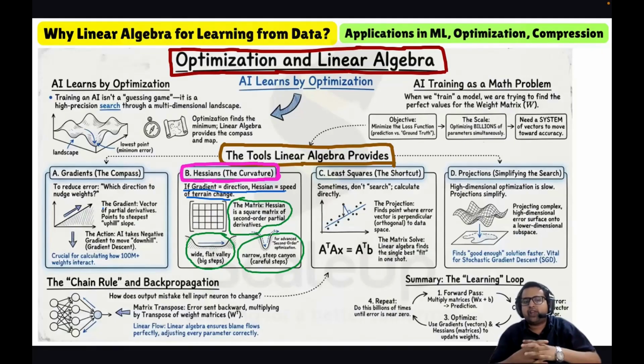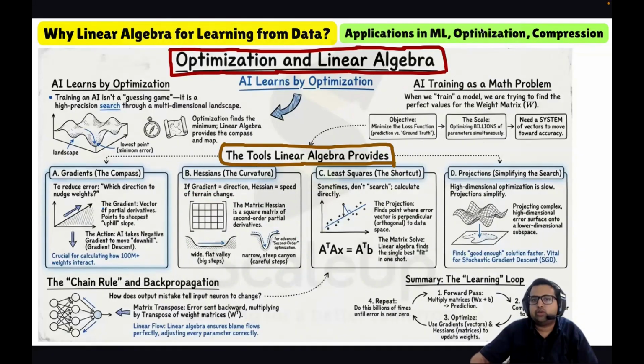If the speed of terrain change is very less, then we can take big steps. But once we are getting higher values of Hessian, the speed of terrain change is high, then we have to take small, careful steps. So Hessians are the basis for advanced second order optimization algorithms.